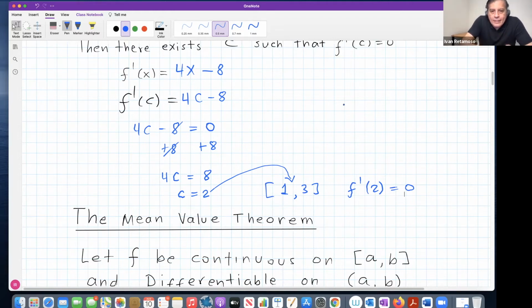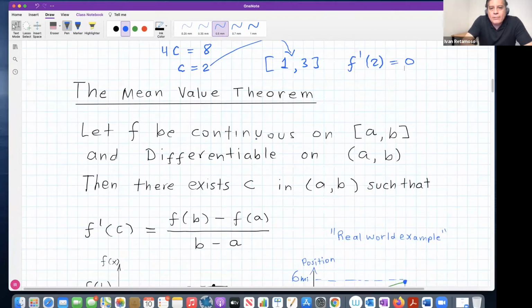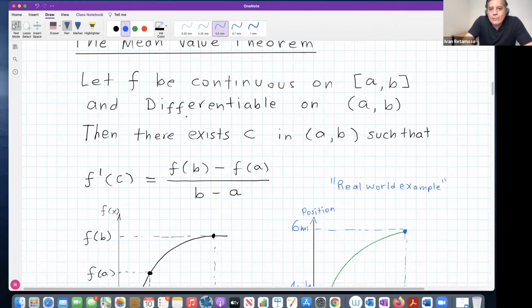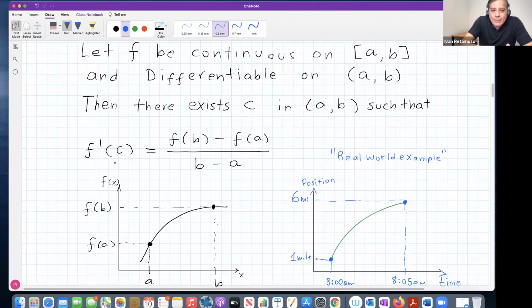The mean value theorem says that if you have a continuous function f defined over a closed interval a, b, and besides that your function is smooth, differentiable, doesn't show corners or cusps, on the open interval a, b, then there is a c in a, b such that the derivative evaluated at c has to be equal to the average rate of change of the function.